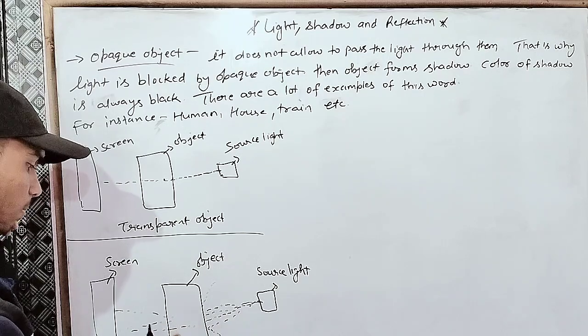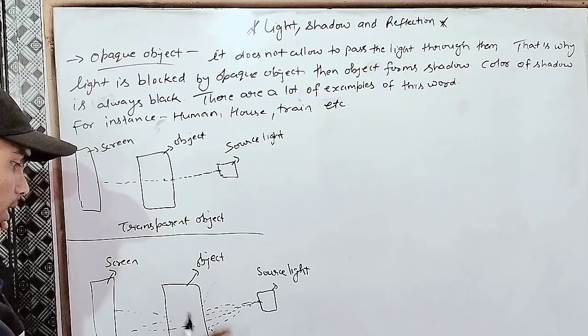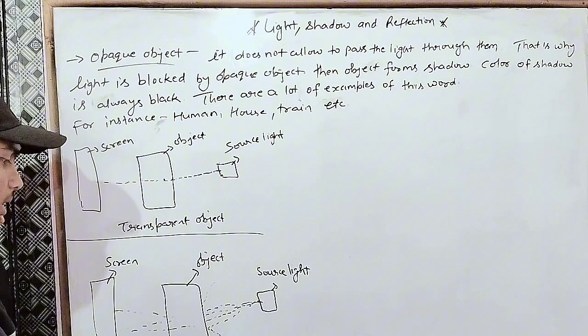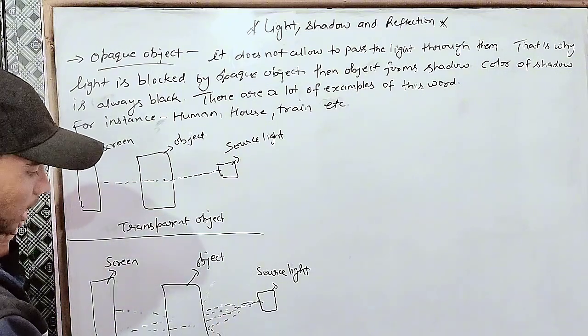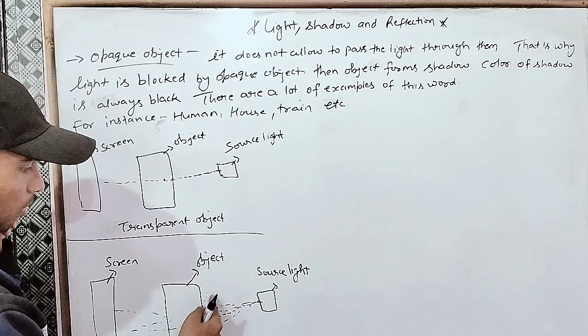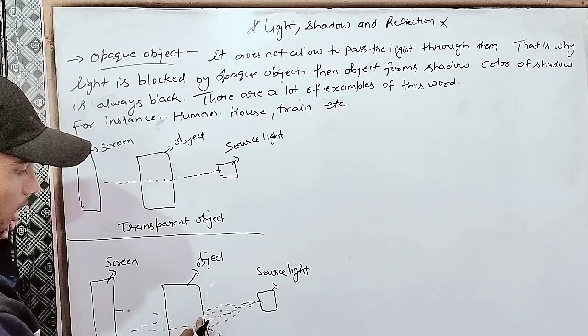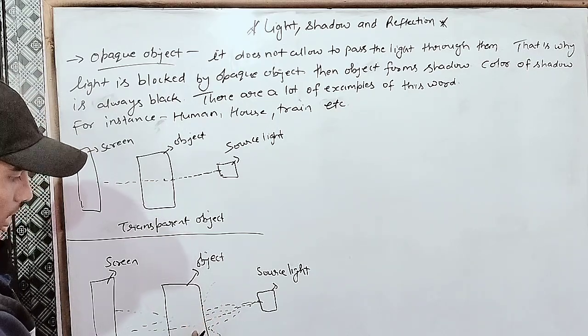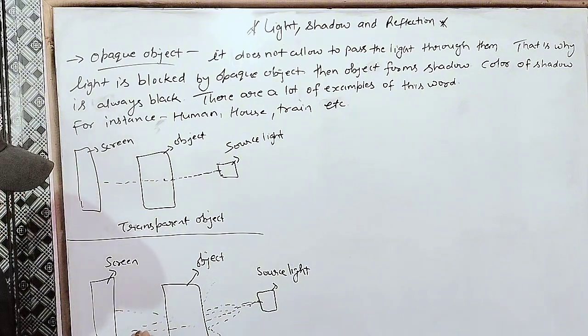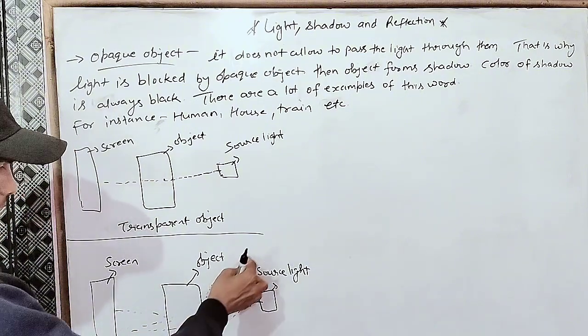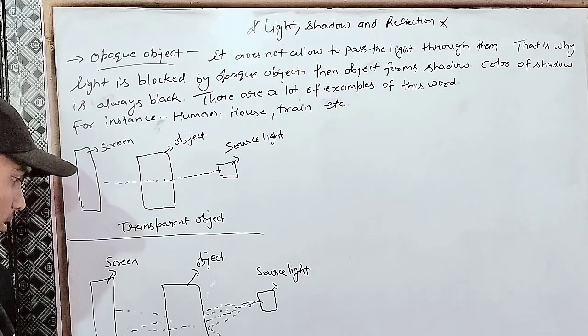Completely, light is not passing through this object. Some light is crossing through this object, and some light is blocked. This is blocked light. Some light is being blocked by this object. So yes, some light is on this side, and some light is turning into another direction.